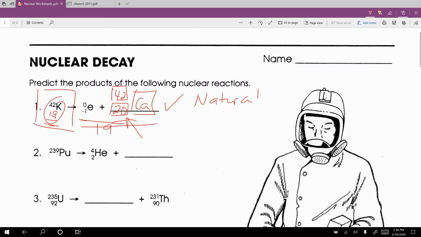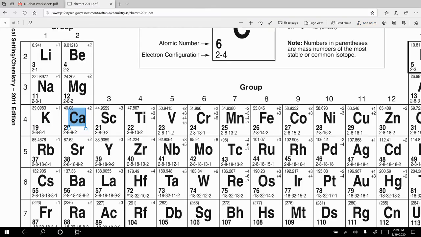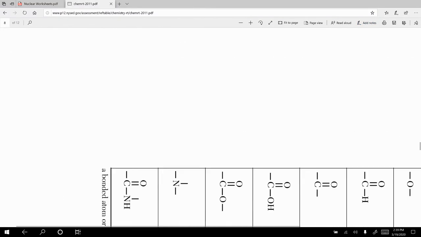But what kind of transmutation is this? Well, let's switch colors to blue. This is my clue as to what kind of natural transmutation this is. I'm not sure what that symbol is, but I think it looks familiar from my reference tables.